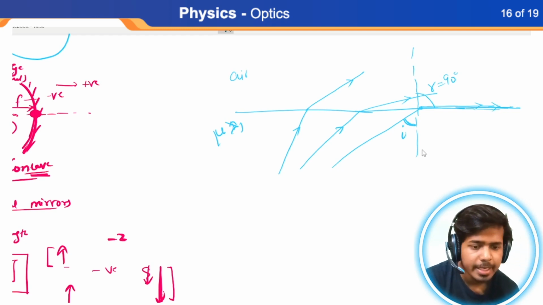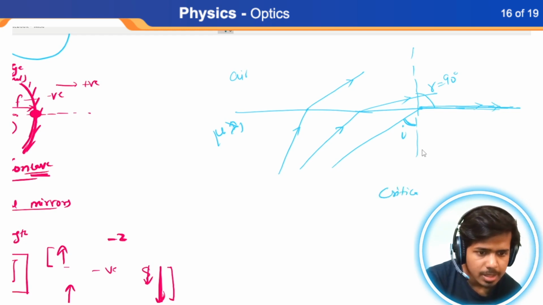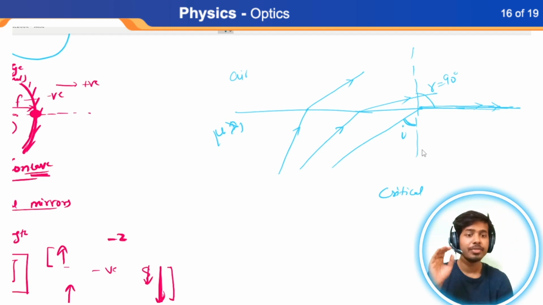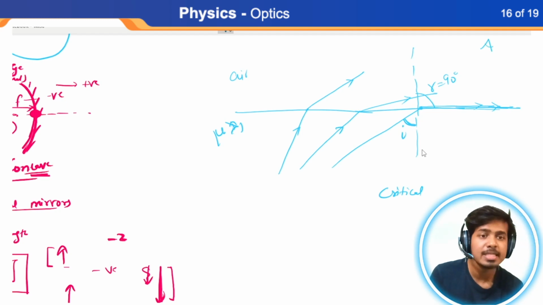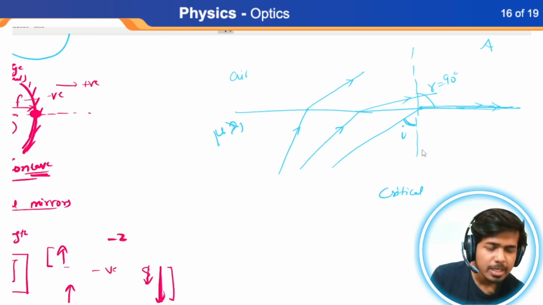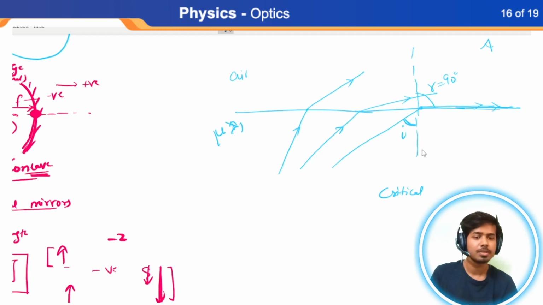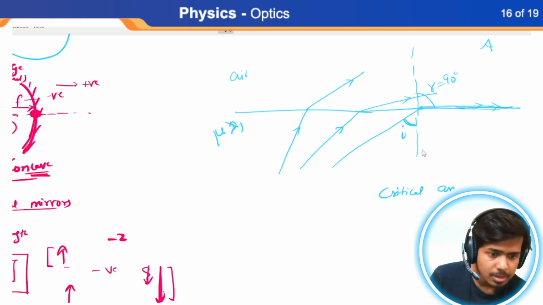That I will call critical angle, because when you have light not leaving the surface, then a person from here would not be able to see what is inside, or all the light would remain inside the surface itself. That is called critical angle. That will be i.